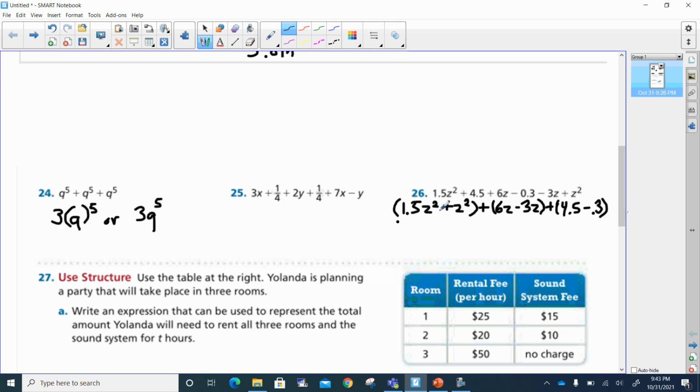So now, let's see, we got 1.5z squared plus z squared. That's going to give us 2.5z squared. Next over here, I see I have 6z minus 3z. That's going to leave us 3z.